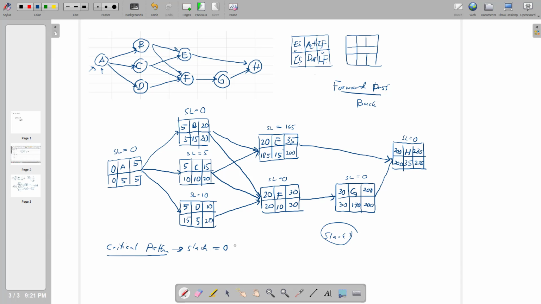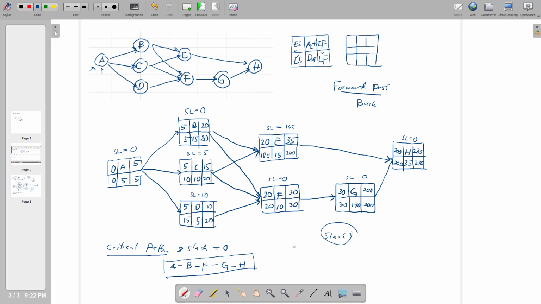So in this case, the critical activities or the critical path is actually A, B, and then after B you select F, and then F to G and G to H. So this is the critical path. The critical activities are A, B, F, G, and H.